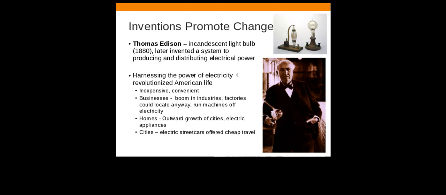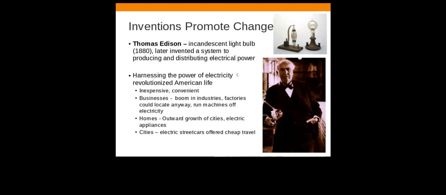So probably the most famous person when we talk about inventions is Thomas Edison. And he creates that incandescent light bulb. So the light bulb that we know today. He's also going to later invent a system to produce and distribute electrical power.